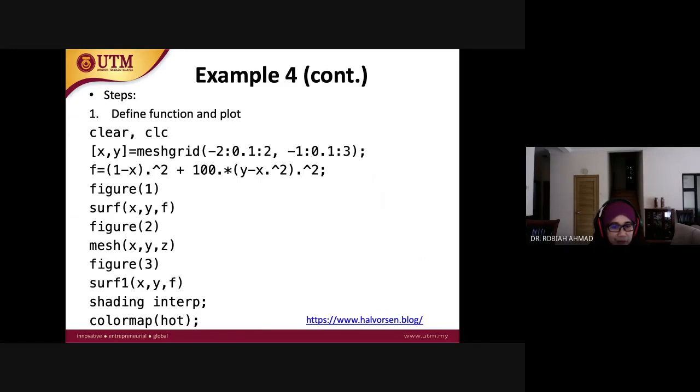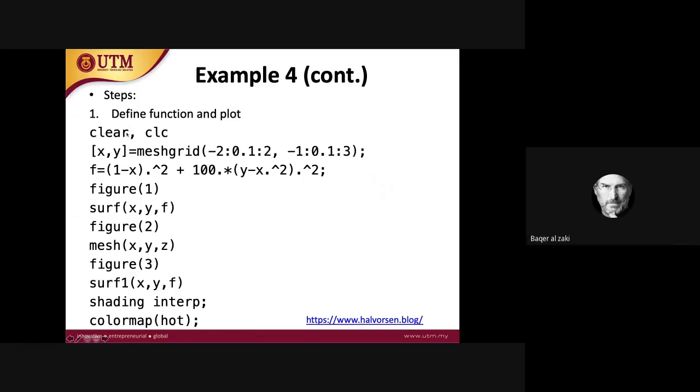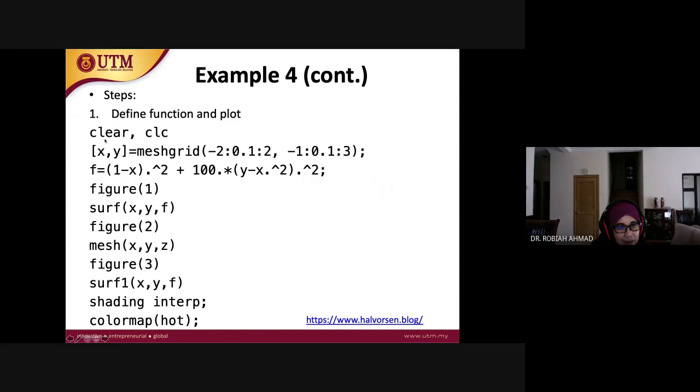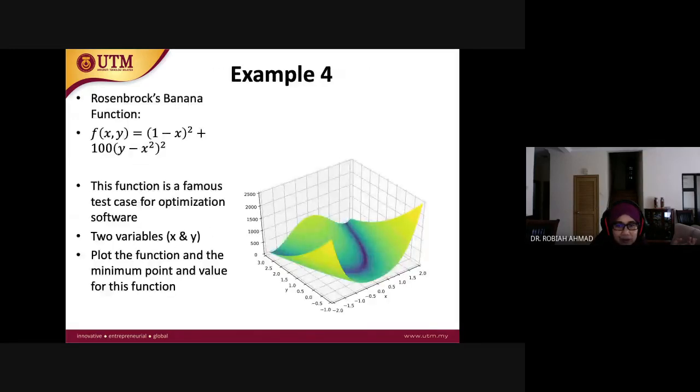Can you copy this one, class? What the script did is first put a mesh and then a plot, and then surf and then shading, with the color map so that we have the same figure like the previous one.